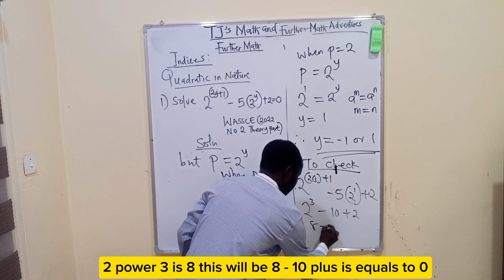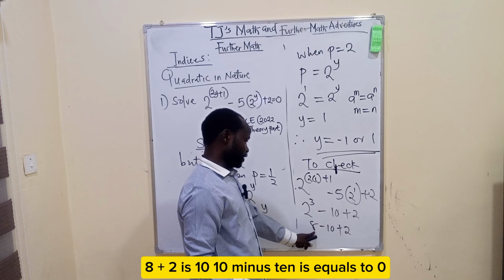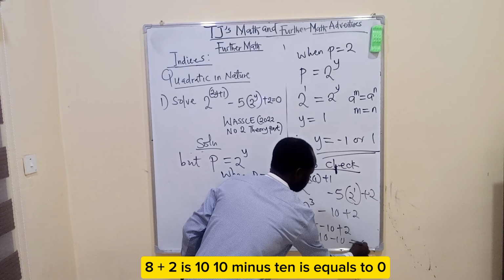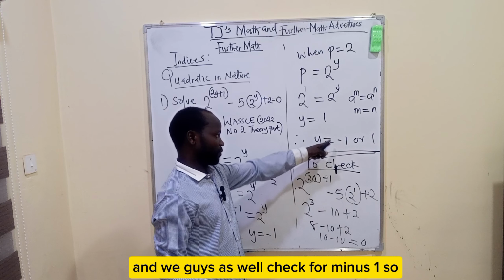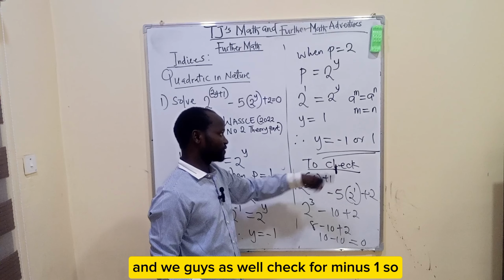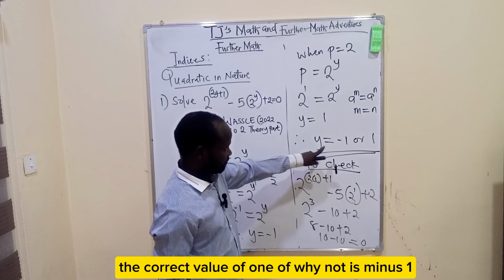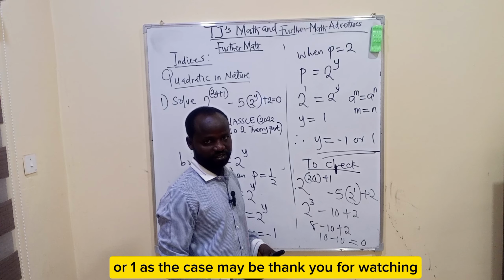This will be 8 minus 10 plus 2. 8 plus 2 is 10. 10 minus 10 is equal to 0. Truly, the value of y is 1, and we can as well check for minus 1. So the correct value of y now is minus 1 or 1, as the case may be.